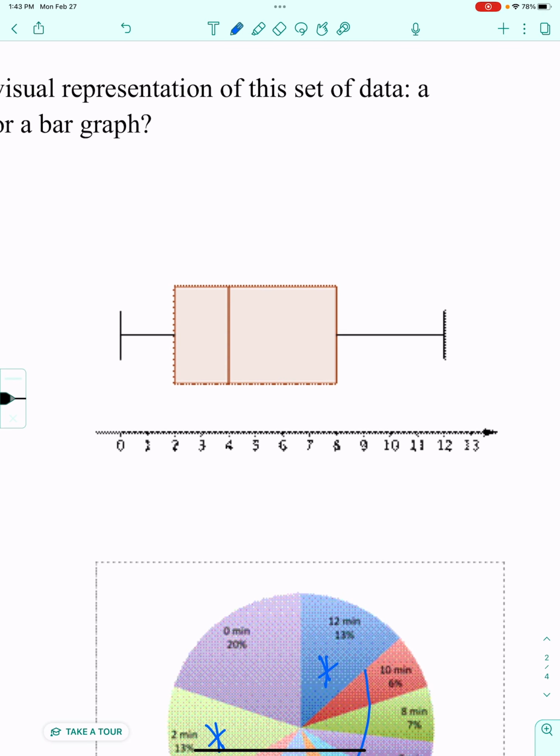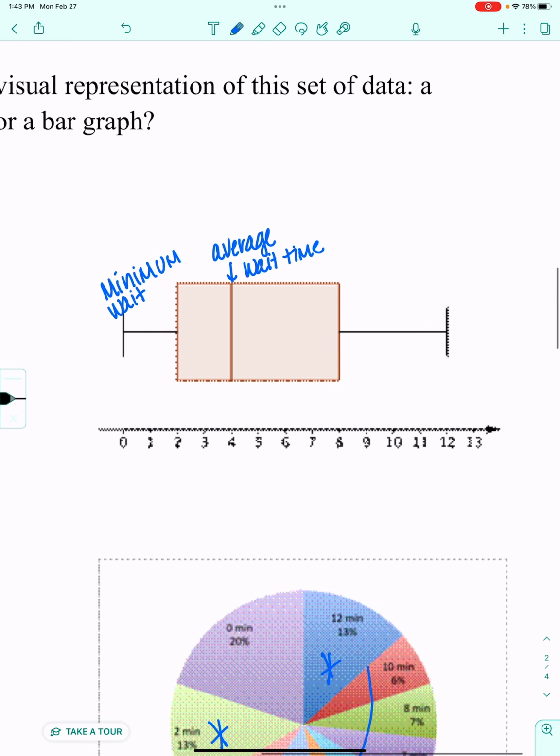The last one you have is a box and whisker plot. And with a box and whisker plot, I can very easily find the average wait time. I can find the minimum wait time. I can find the maximum wait time.